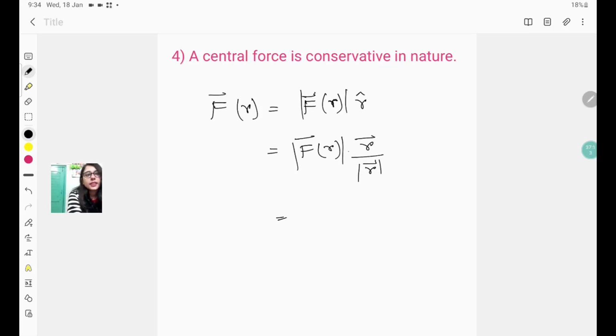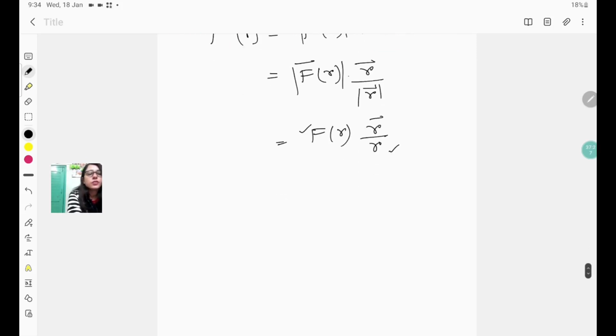I am not writing the mod here, just to make it a little bit easier to see. Now, this r cap can be written as r vector by mod r, right? So, F r into r vector by r, where r is the magnitude of the vector r, and F r is also a magnitude.